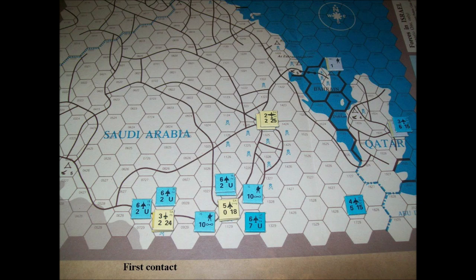Meanwhile, the Israeli F-4s perform air superiority missions against the Saudi Arabian Air Force, and these F-4s are squadrons of about 12 aircraft each.